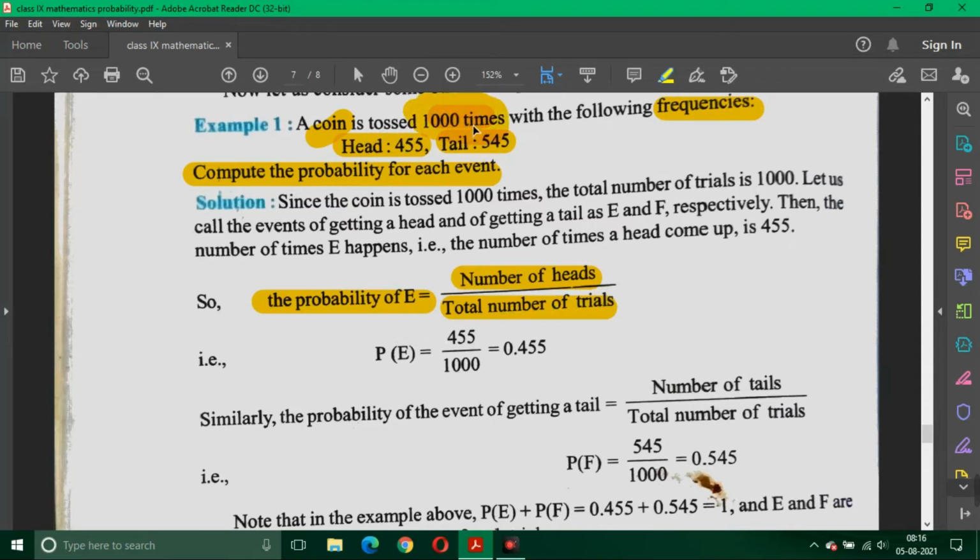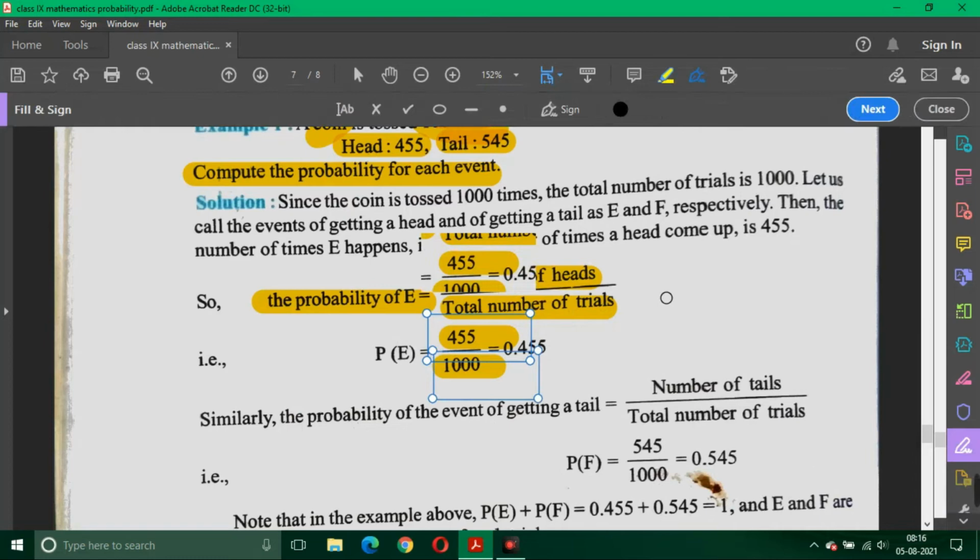The coin has been tossed 1000 times, so the total number of trials is 1000, and the frequency for head is 455. So 455 divided by 1000 is going to give you 0.455. It is not read as 450, it is read as 0.455. Okay.